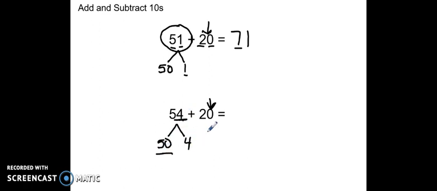So now we can add our tens. 5 tens plus 2 tens is 70, or 50 plus 20 is 70, plus the 4 will give us 74. Again, the only digit that changed from this first number was the tens, because we were adding tens.